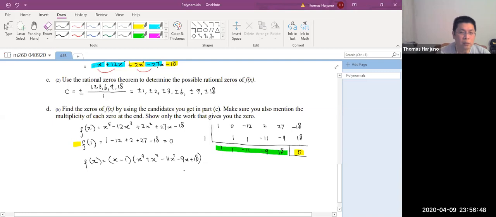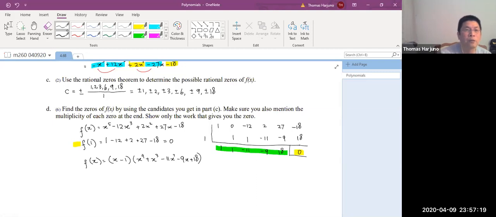Are you with me? When I plug 1 into the polynomial, I get 0, then 1 is a zero. Because 1 is a zero, I use that x minus 1 to divide, reducing the polynomial. I factor x minus 1 out. The remaining polynomial, which is also a factor, is now degree 4.